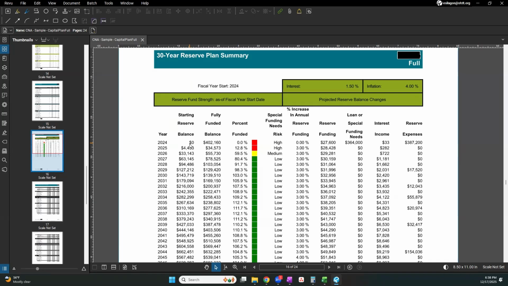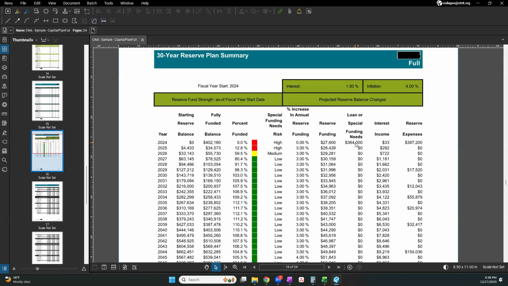But really where we're starting is with $0. And so that puts us at a high risk. And monthly for the first year, we intend to be contributing $2,300 a month. So that adds up to $27,000 in our reserve contributions.